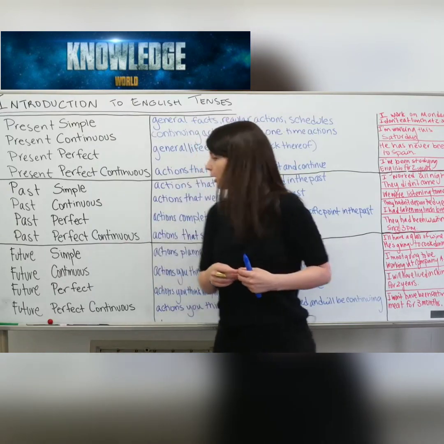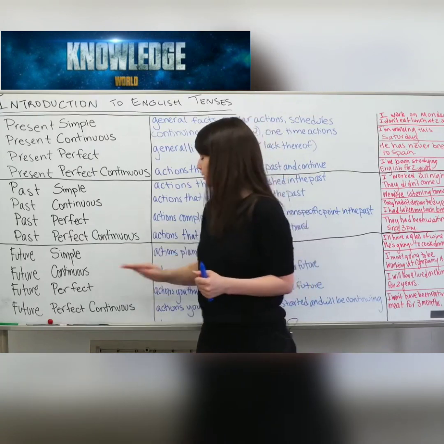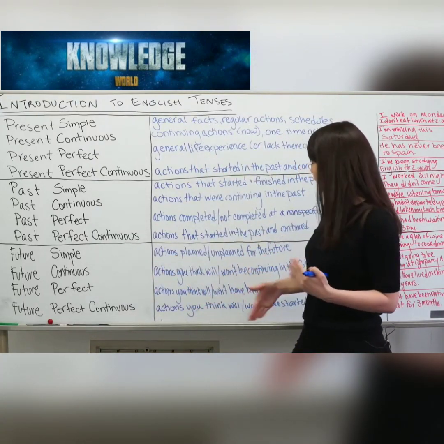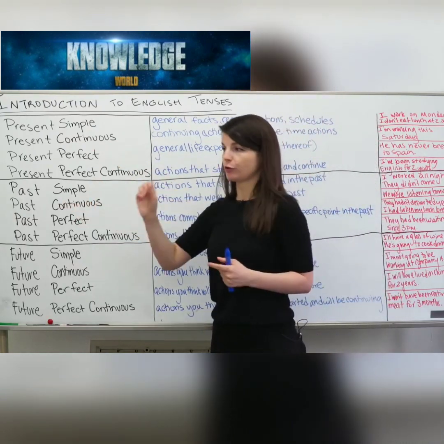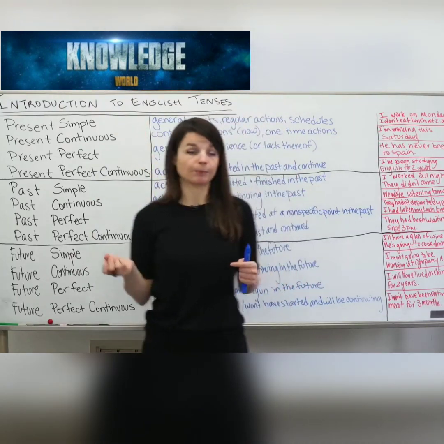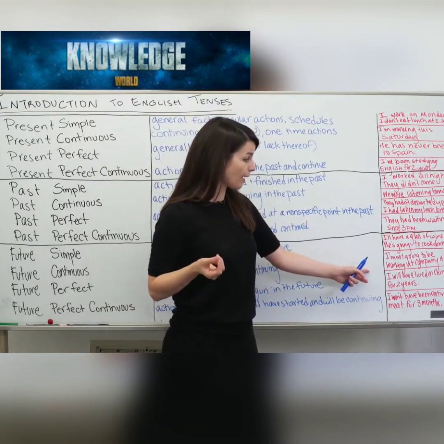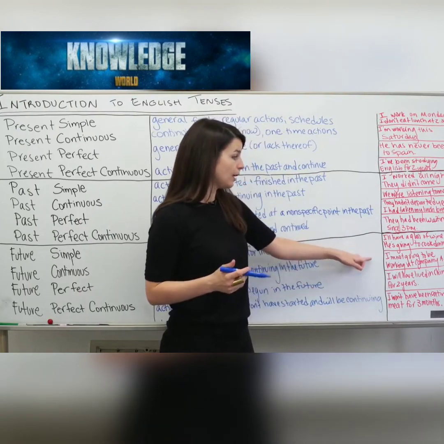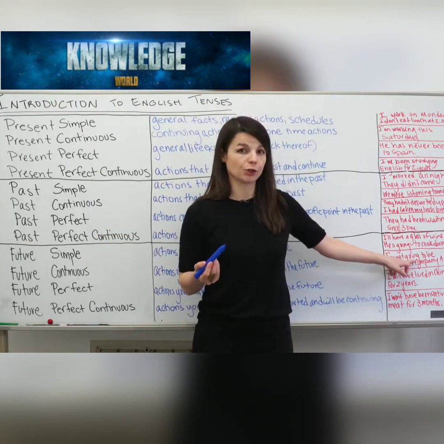Okay, so let's go on to the future continuous tense now. Future continuous tense, this is for actions you think will or will not be continuing in the future. Something you think will be continuously happening in the future. Let's look at an example. I'm not going to be working at company A. So here you can see we have going to. I'm not going to.